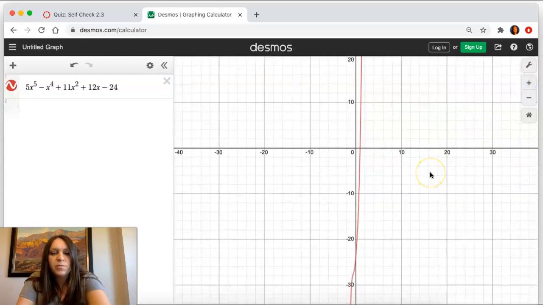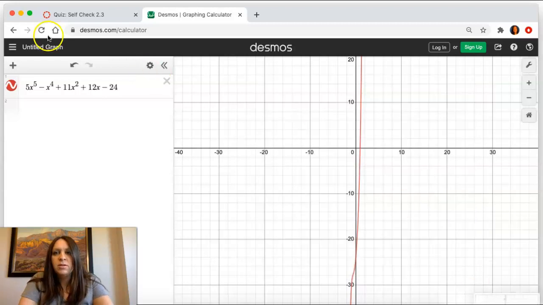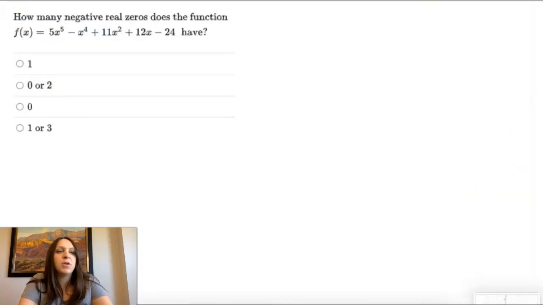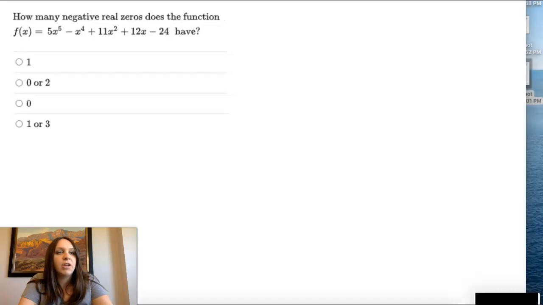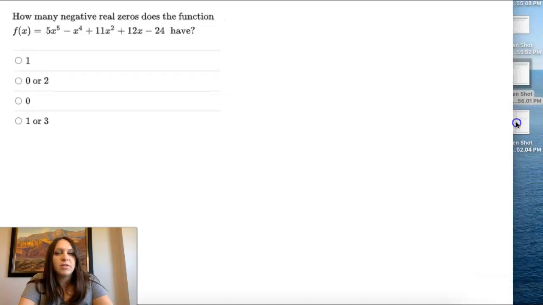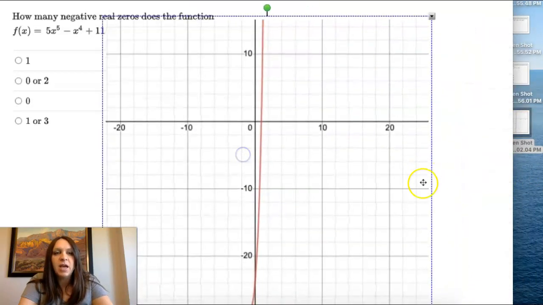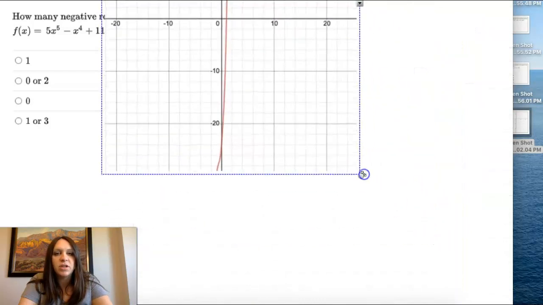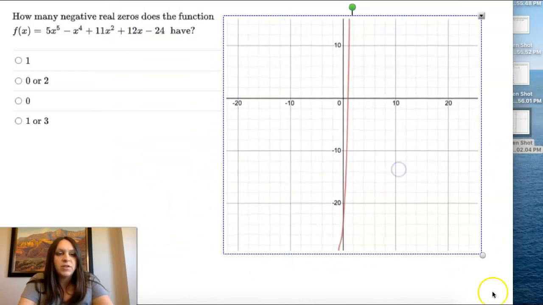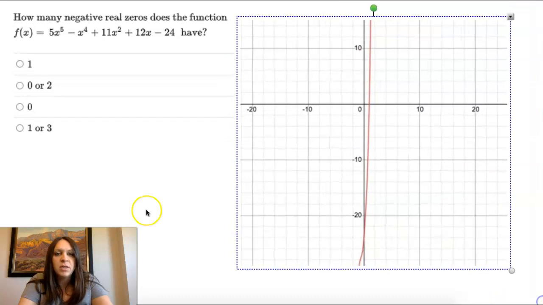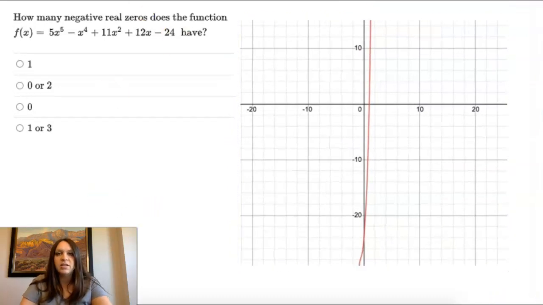So I'm going to take a screenshot just because I want to be able to look at it and write on it with you guys so we can analyze what's going on with this function. So this function has one x-intercept.